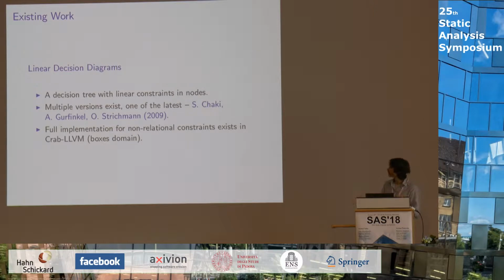There are multiple versions of that. One of the latest ones is by these authors back in 2009. Then there is a full implementation for non-relational constraints, as far as I remember, the boxes domain in Crab LLVM. But we wanted Booleans for some other reasons as well, so we skipped on that.